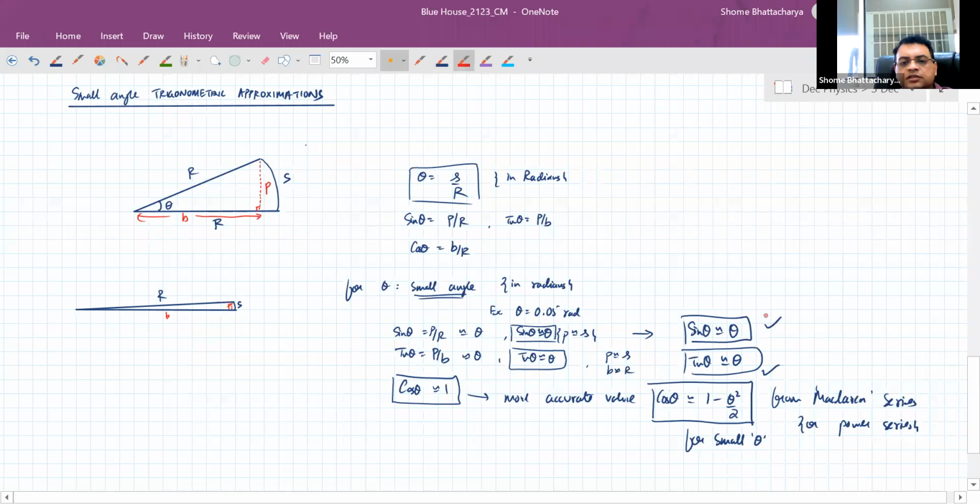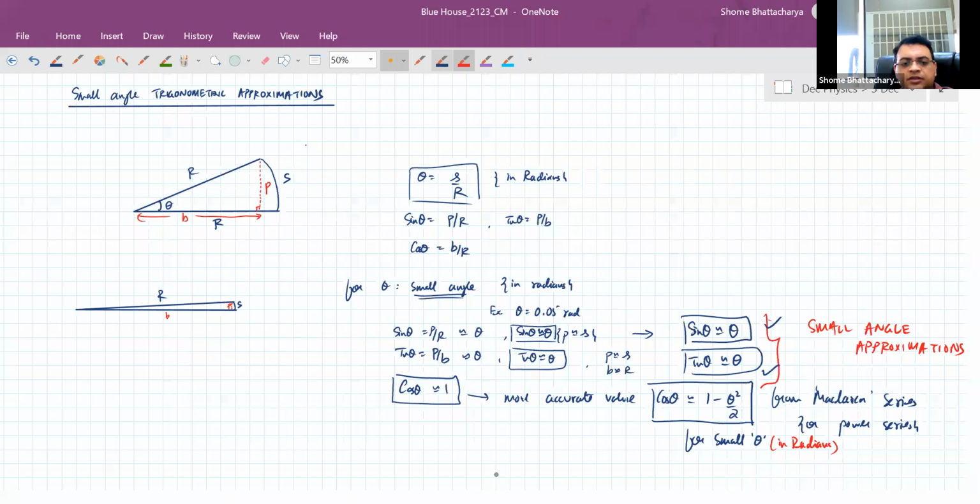Together, these three approximations are called the small angle approximations for the three trigonometric functions or operators sine, cos, and tan. But remember here, theta should be expressed in radians. Should not be expressed in degrees. They should be substituted in radians.